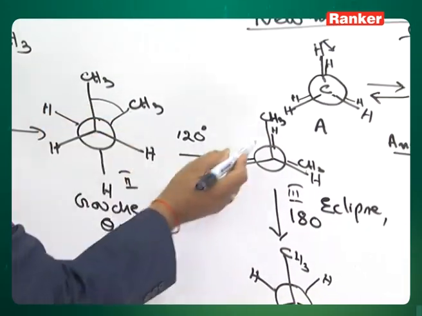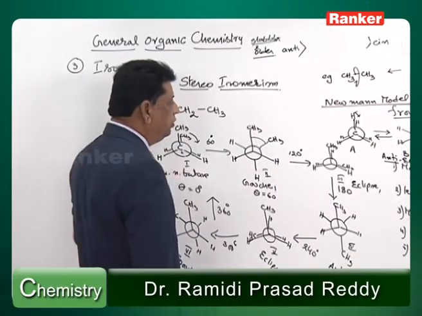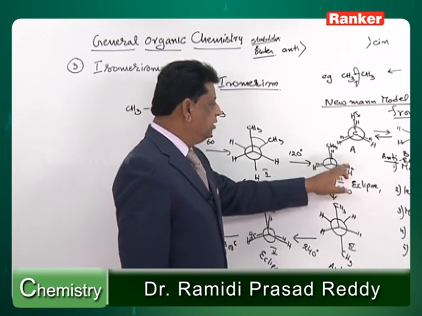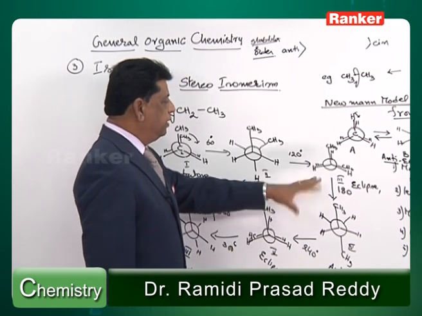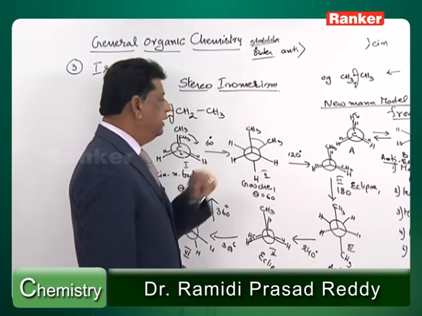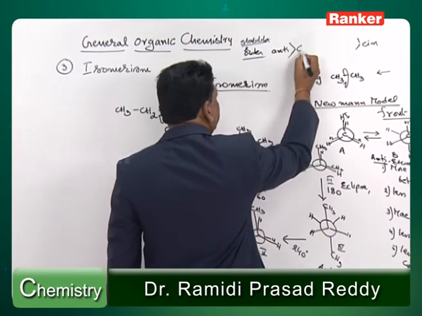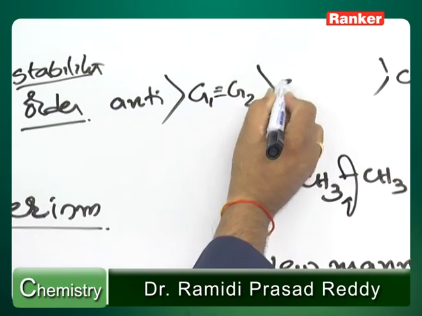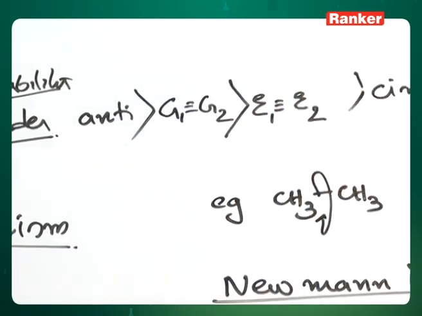But the two methyls' separation is 120 here, 60 there. So each one has got one plus point, more separation, but crowded with hydrogen. So the eclipse has one plus point and one minus point. That's why gauche comes first. So therefore, after anti, gauche 1 equals gauche 2, more stable than eclipse 1 equals eclipse 2, then the syn comes.